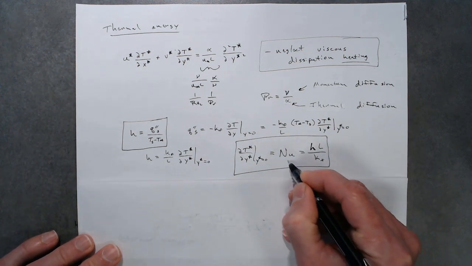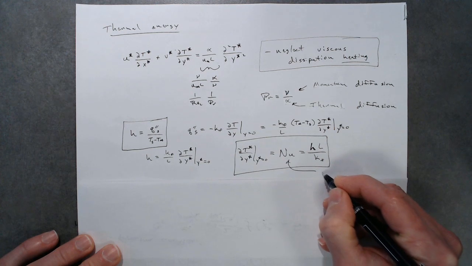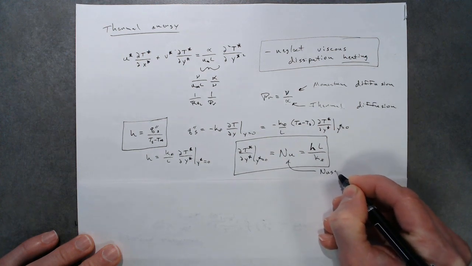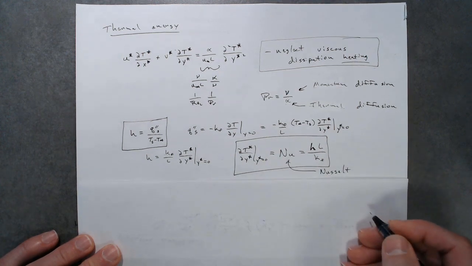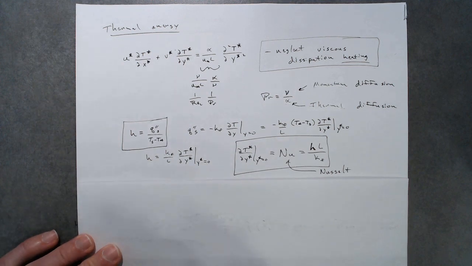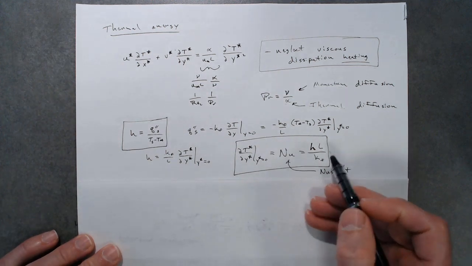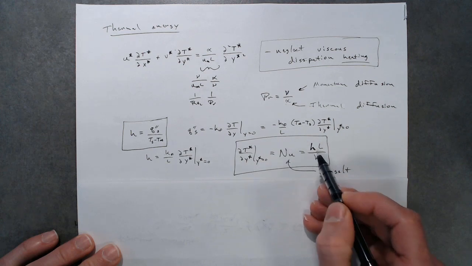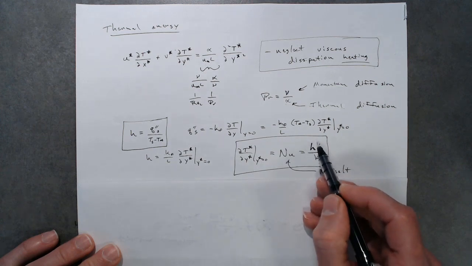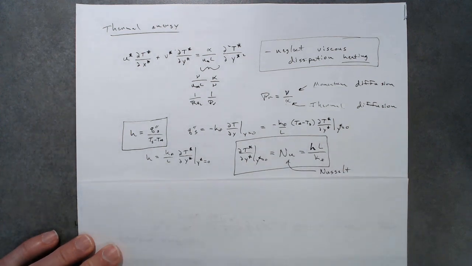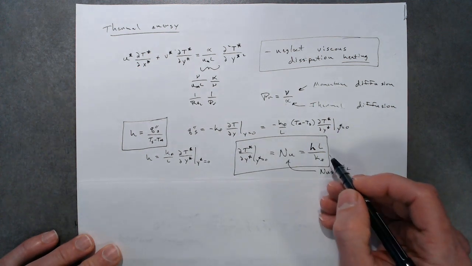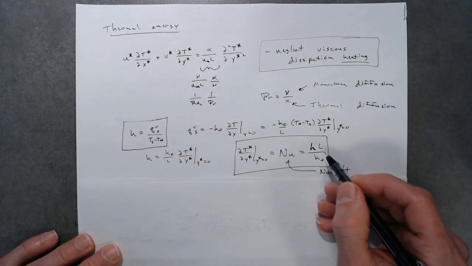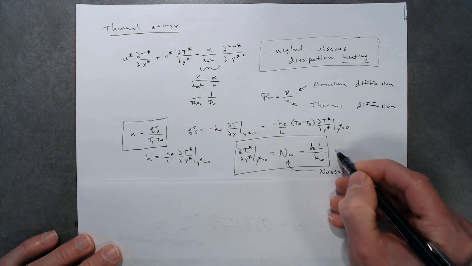And this is a new non-dimensional number that we've introduced that we're going to call the Nusselt number. And this we can think of as a dimensionless, non-dimensionalized heat transfer coefficient. Really what it's telling us, we talked about this before, is I can break this into two pieces.